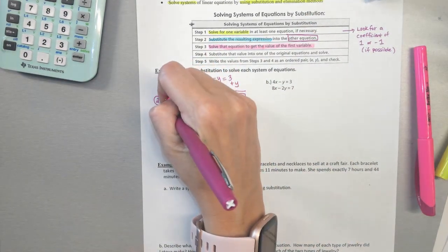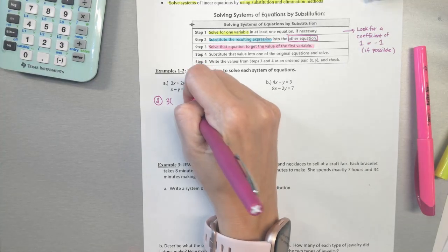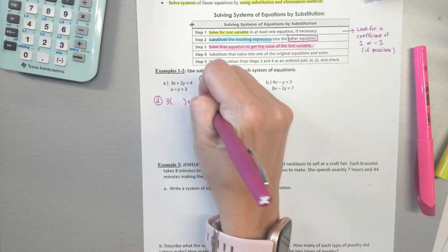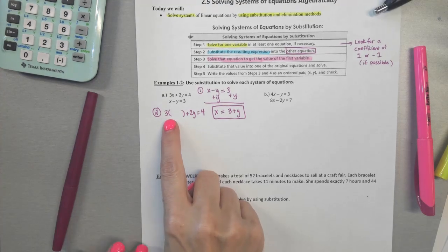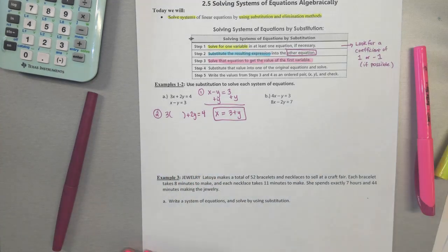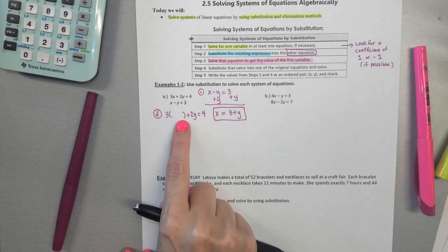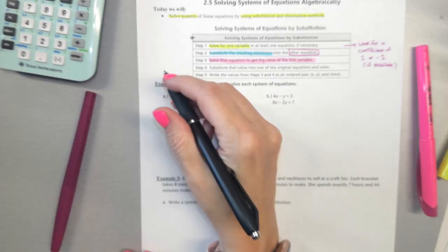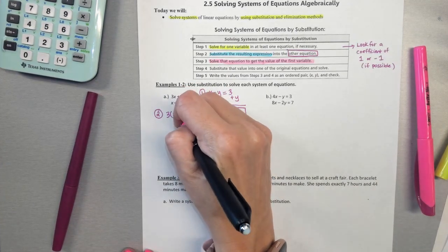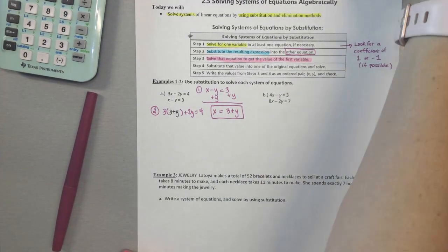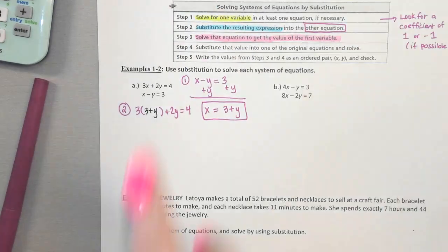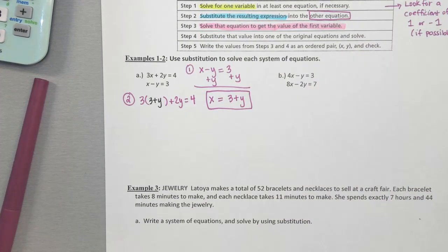Now make sure you substitute it in for the correct variable, because sometimes that's a mistake I see. We just plug it in for the wrong one. So we want to plug it in for x. So instead of 3x plus 2y, I'm going to write 3 times (3 plus y). What's really going to be important here with your practice is going through these algebraic steps to strengthen those skills.